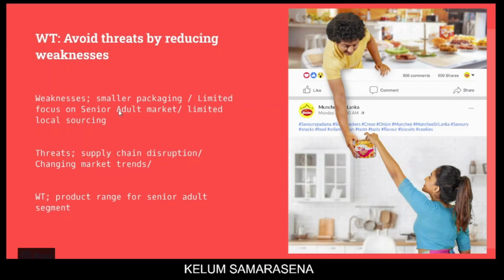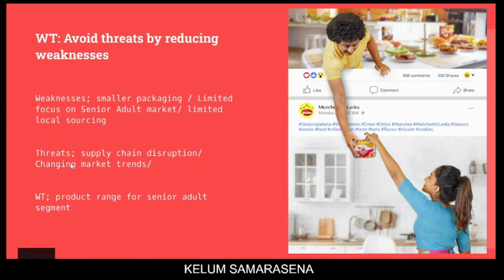That's less. And Munchie is not that much focused onto the senior adult market that may go for less salt, less sugar, less carb, right, for the health segment. And yes, lots of Munchie raw materials, ingredients do come from abroad. We have limited local sourcing, such as dried milk.